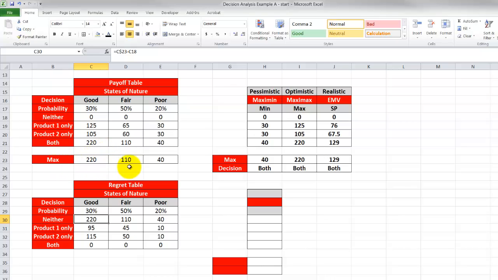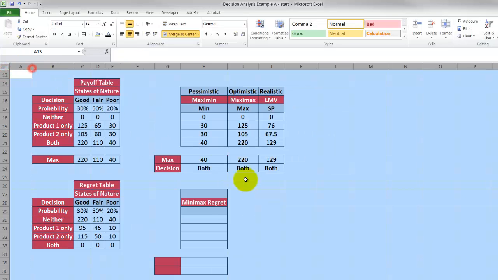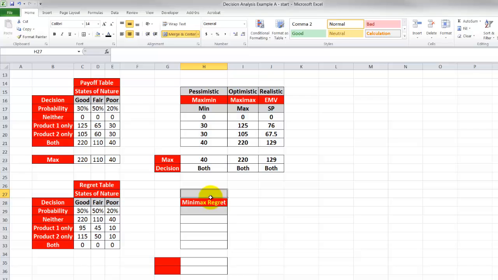You just have to be aware of what all these maximums are associated with. Okay, we're still going to move down here, and we have the decision-making title of Minimax Regret. So we're minimizing our regret, which is a pessimistic outlook.